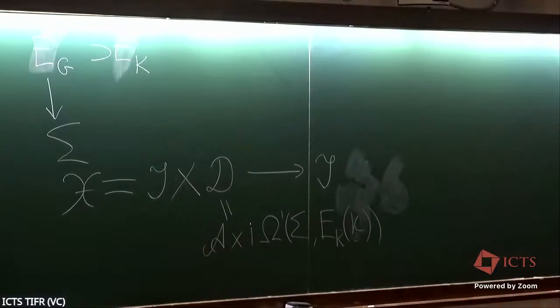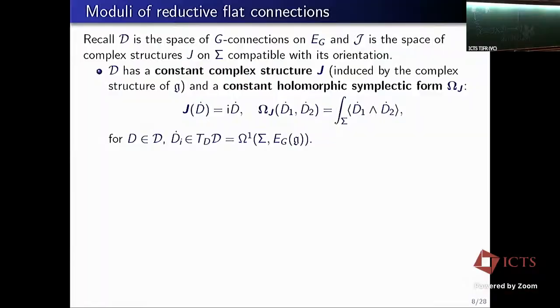Now, let's see. We start as in Hitchin's seminal paper. You have a constant complex structure, J, and a constant holomorphic symplectic form, omega_J, on the space of complex connections given by these two formulas, which don't depend on any complex structure on the Riemann surface.